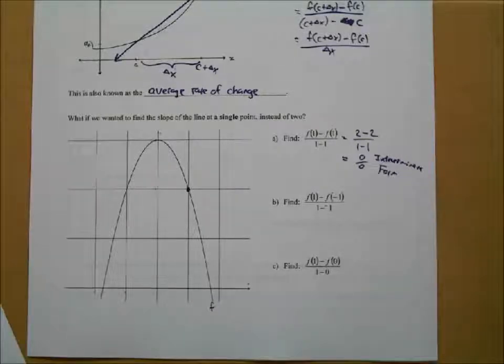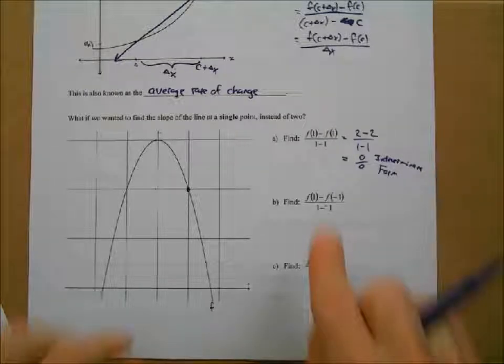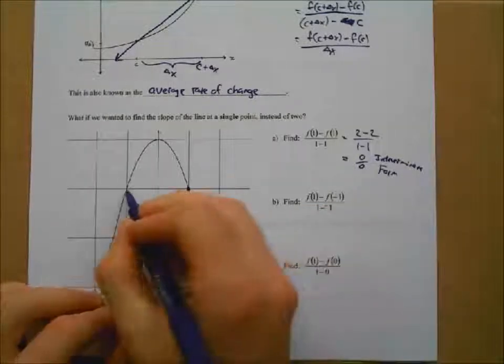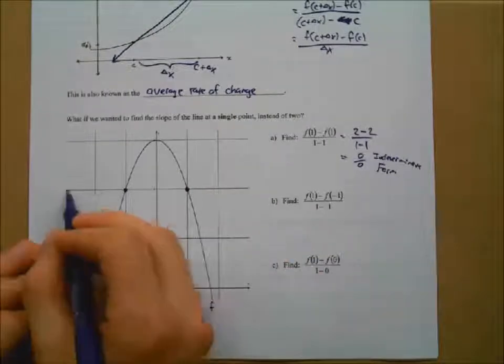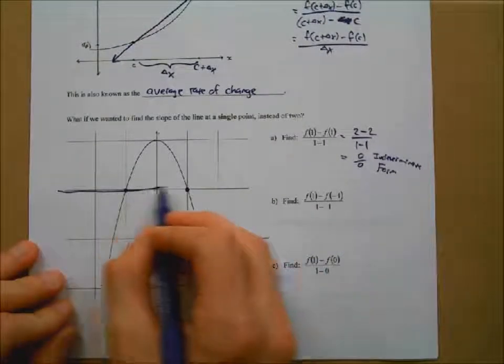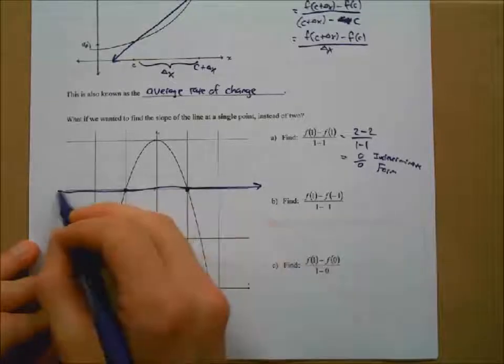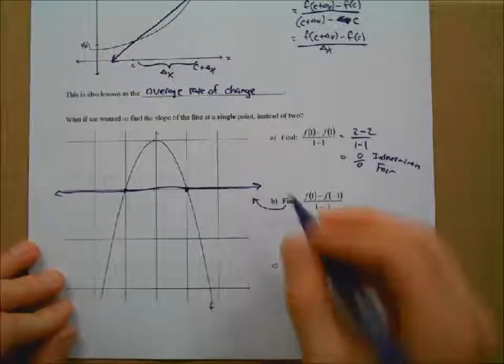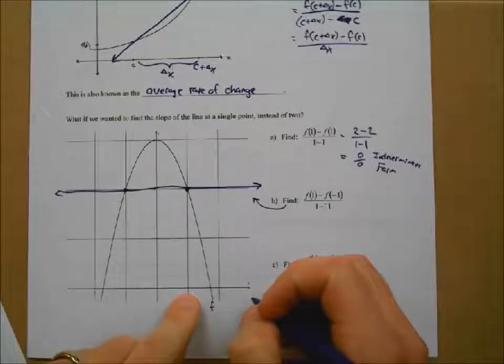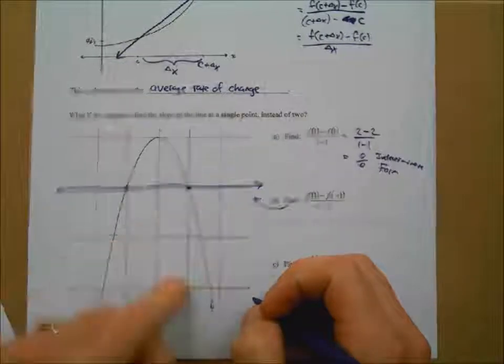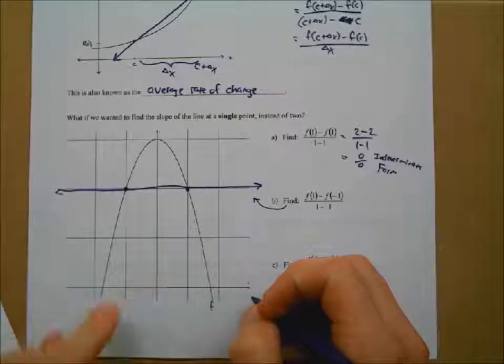But let's try another idea here. Instead, we'll find the slope for this secant line right here. Let's find the slope of this secant line. It's going to be f of 1, that point right there, and also f of negative 1 there.